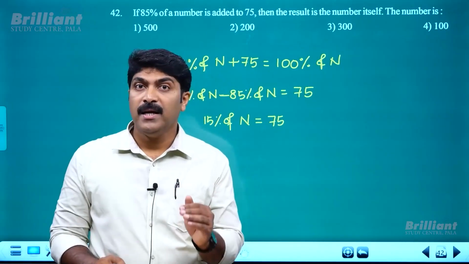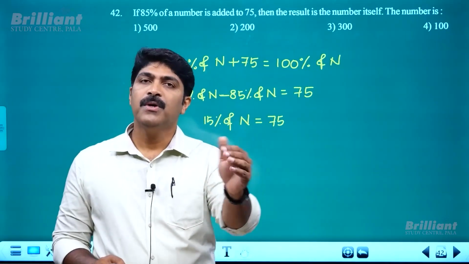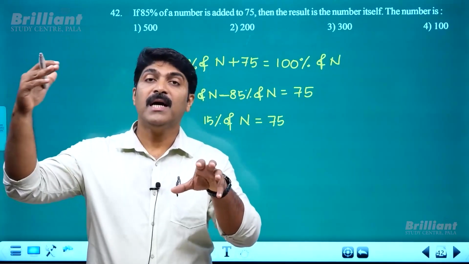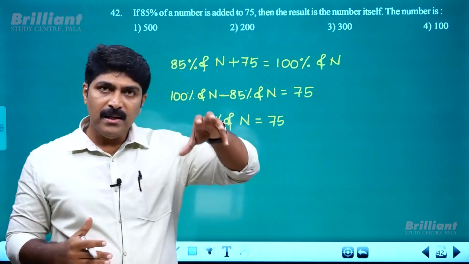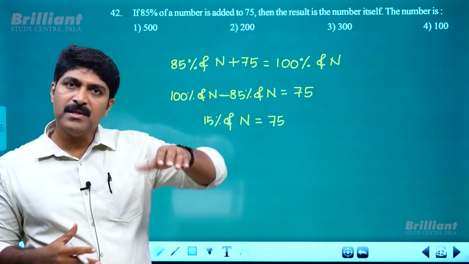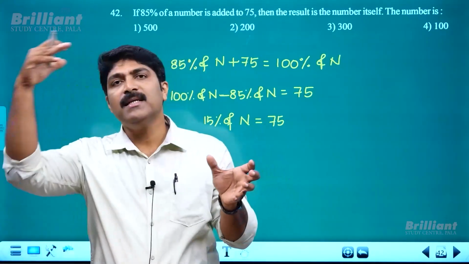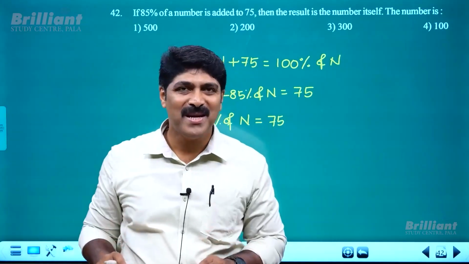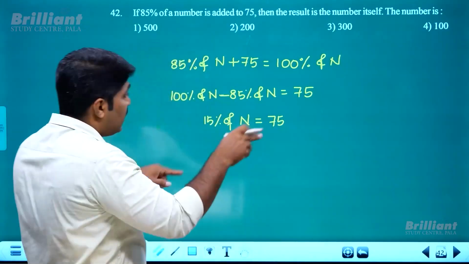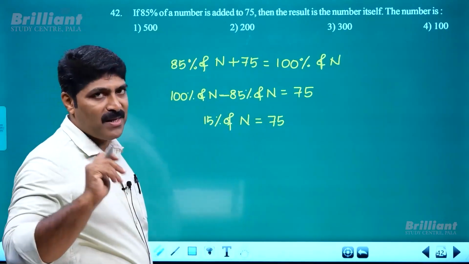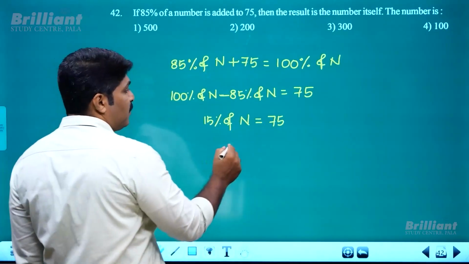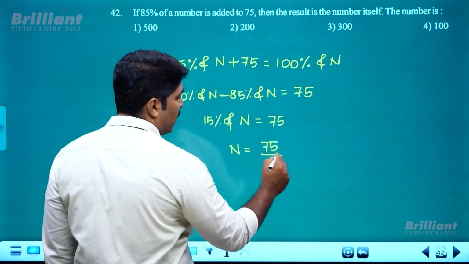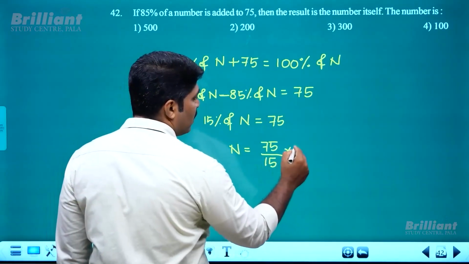Suppose you are adding 85% of a number to a certain quantity, and we get the entire number, in the sense 100%. So what is the required quantity to fill this 85% to 100%? We got that it is simply 15% of the number itself. Then, to find the value of n, that is 75 by 15 into 100.